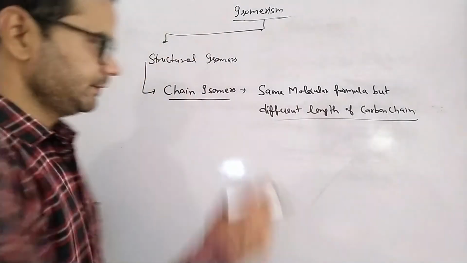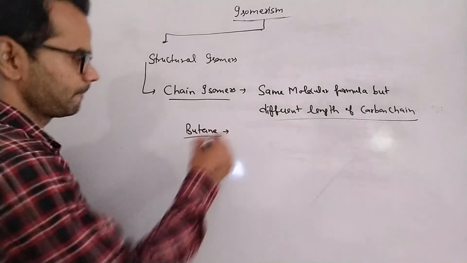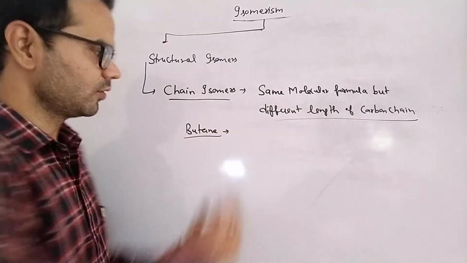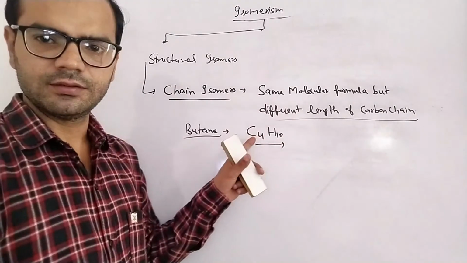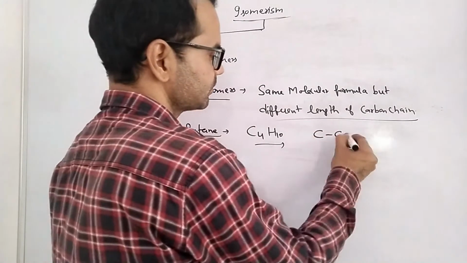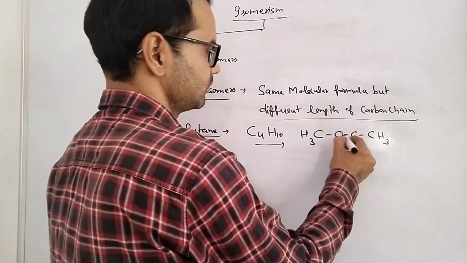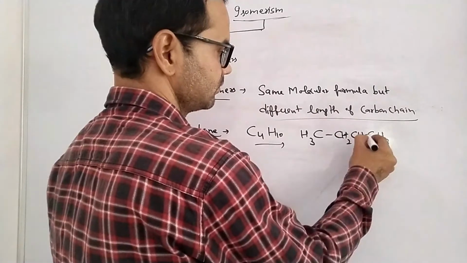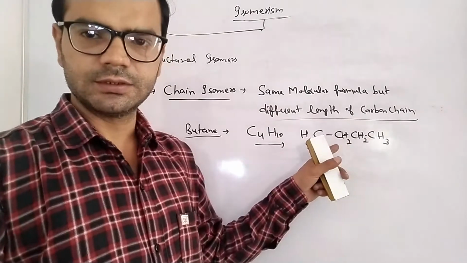For example, we have butane. Formula is C4H10. If we write the carbon in a straight chain, this is a straight chain of 4 carbons.